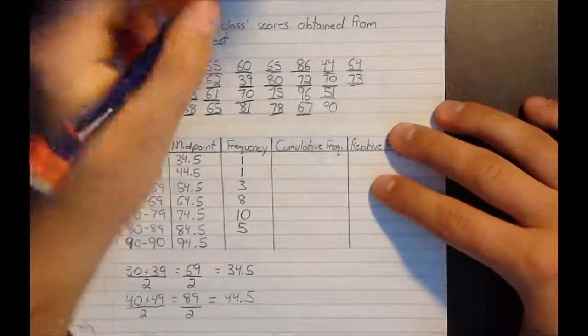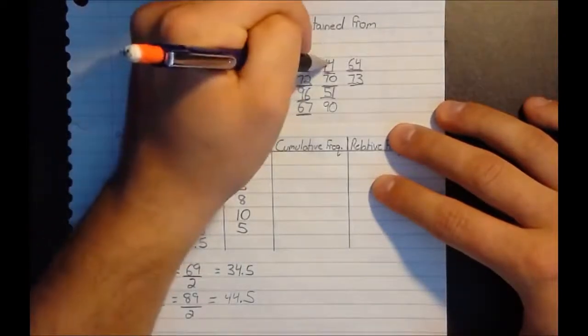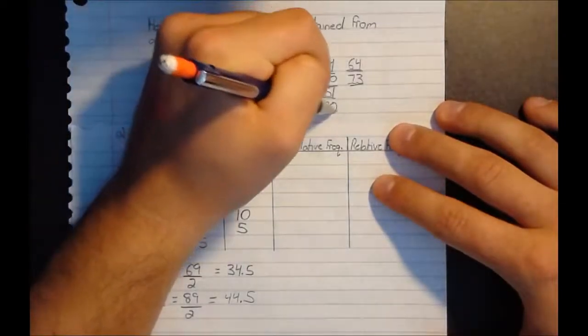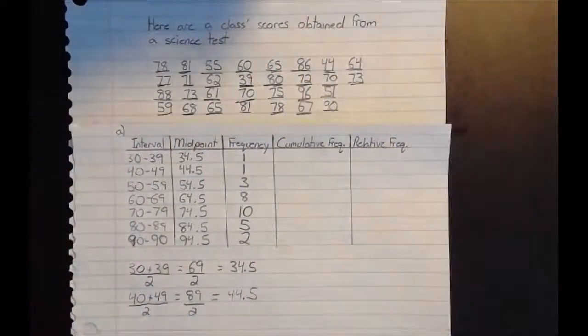Now most of them should be underlined by now, so just the remainder, 1 and 2. Okay, so we now have our frequencies for each given interval. That takes care of part A. I'm not going to do the cumulative frequency or relative frequency yet until parts B and C.